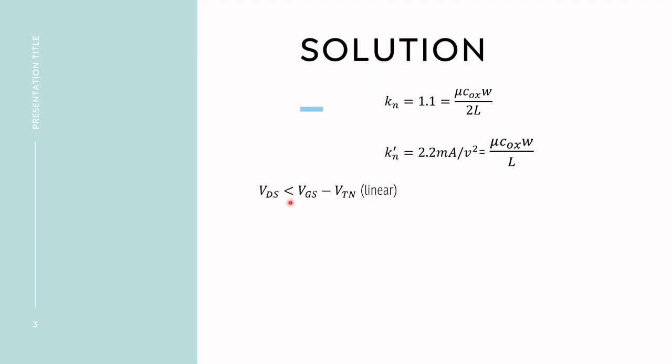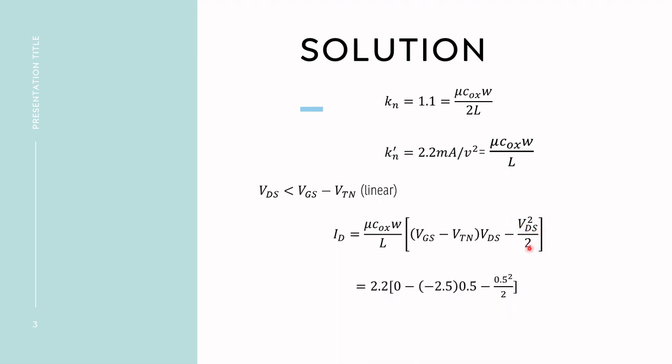That means VDS is less than VGS minus VTN. That means the FET is in linear region. Now, what is the ID current in the linear region? That is Kn prime VGS minus VTN into VDS minus V square DS divided by 2. And if we put in the values and calculate, what do we get? We get the drain current equal to 2.48 milliampere, right? So the right option is 2.48 milliampere.